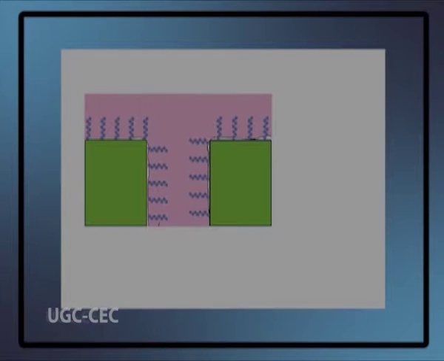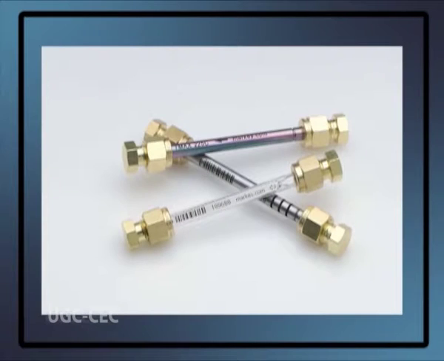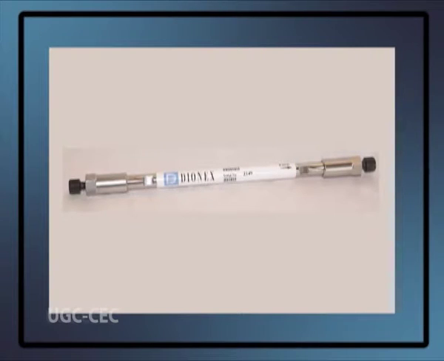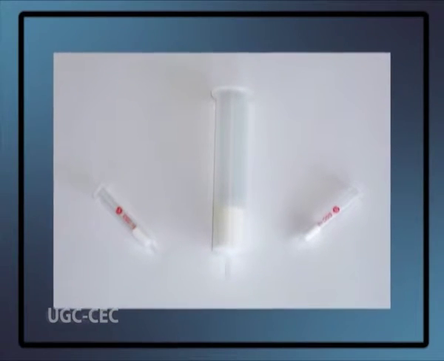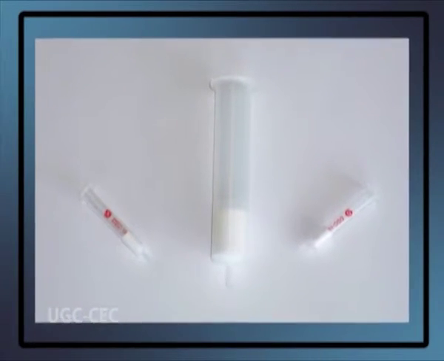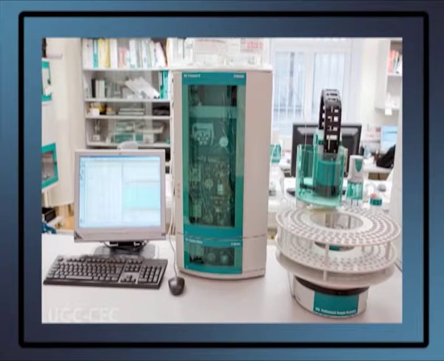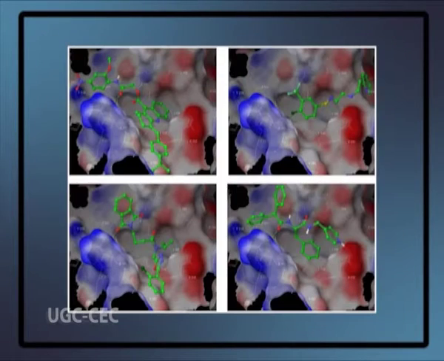The components in the sample distribute themselves between the mobile phase and the sorbent and interact with the stationary phase. If the analytes present in the sample have high affinity for the sorbent, their movement will be retarded through the chromatographic system. Molecules that show weak affinity for the sorbent are easily removed or eluted from the system.